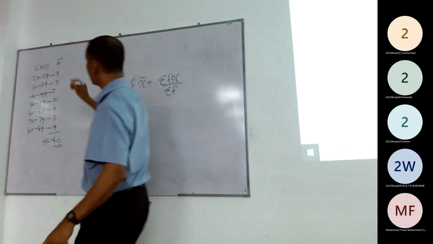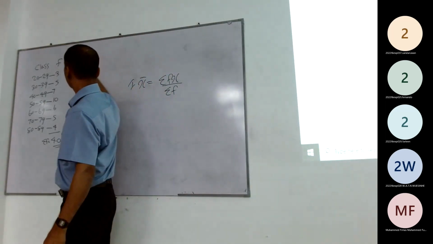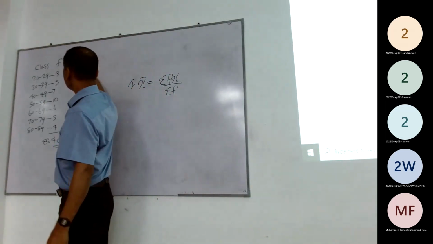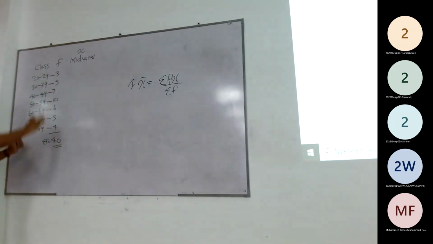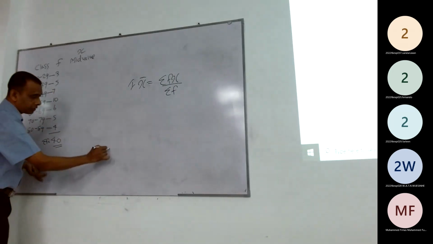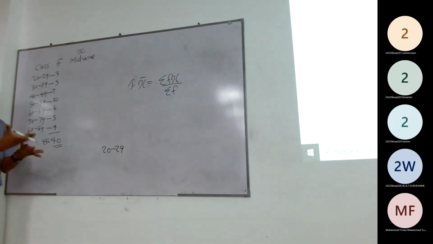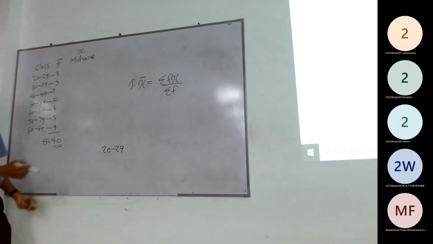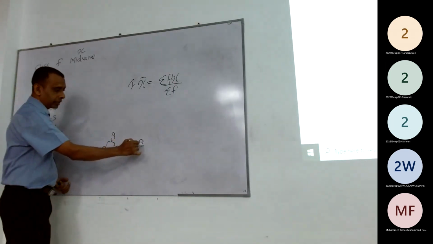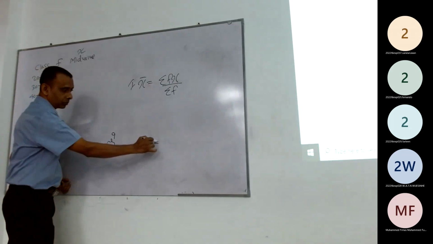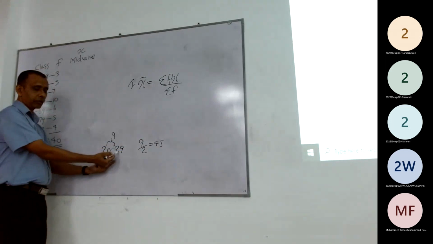Now calculate the mid value. For 20-29, how to calculate the mid value? We know from data organization: you can take the gap 9 divided by 2, 4.5, and add to the lower limit or subtract from the upper limit.